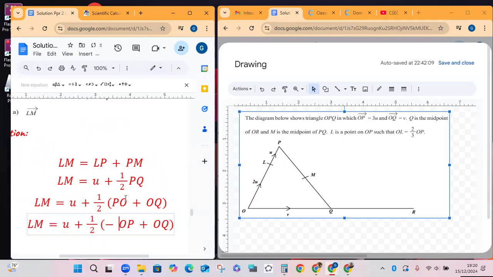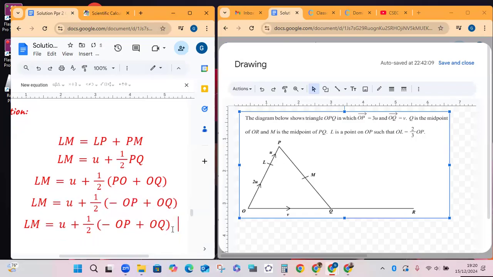Okay? So now we can put the u's and v's in place of OP. I'm going to put 3u, lowercase, and in place of OQ, I'm going to put v, and we are now just to simplify.